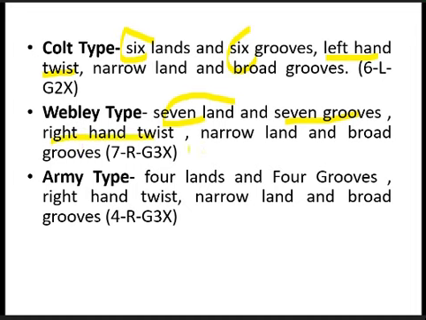And then we have the Army type: 4 lands, 4 grooves, right hand twist. Again, these characteristics are part of what we call class characteristics, which are determinable prior to the manufacturing of the gun.